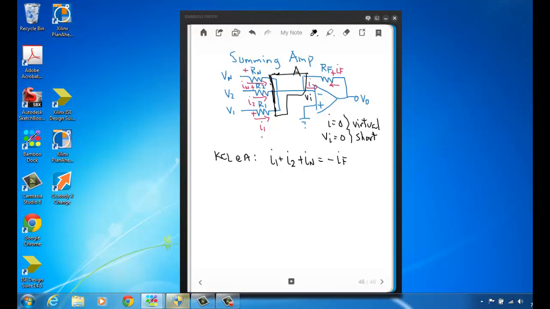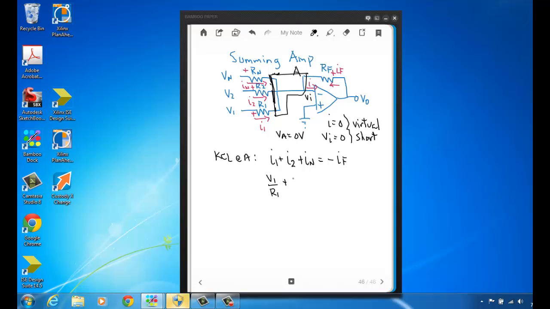So just like before, in this case VA is equal to ground, it's equal to 0 volts. So now when I write I1, I1 is V1 minus VA, which is 0, so it's just going to be V1 over R1, since VA is 0.